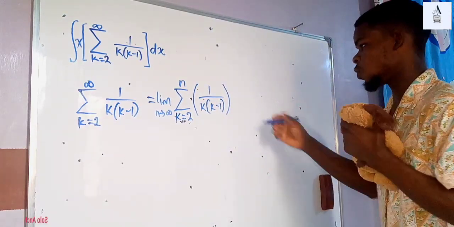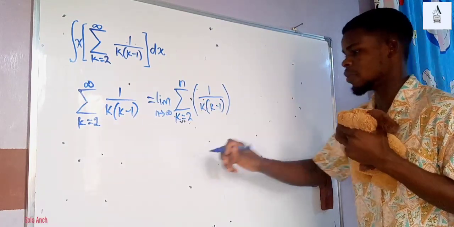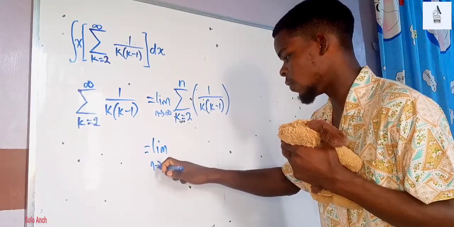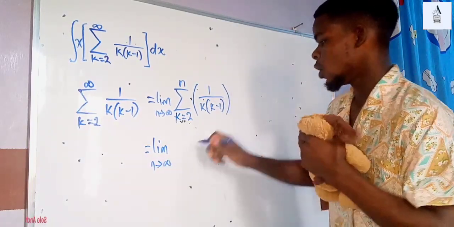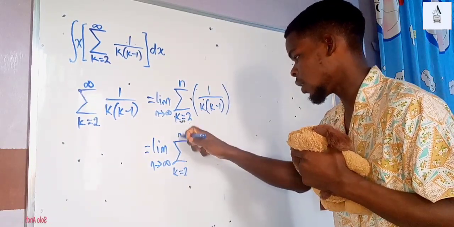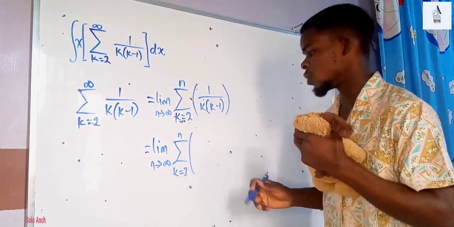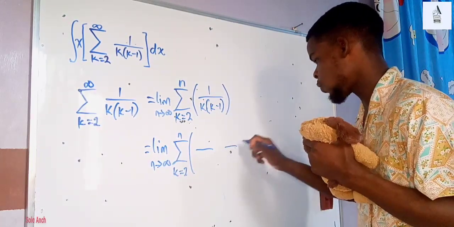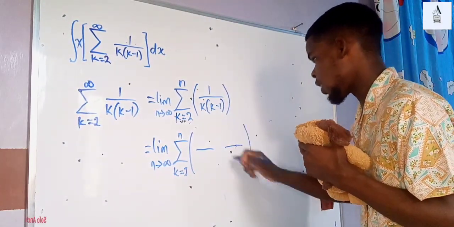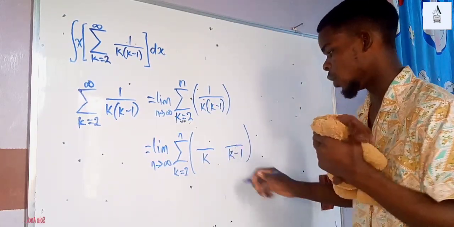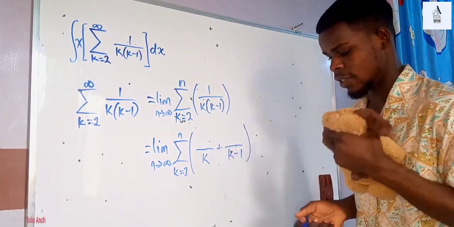So I'm going to equate this to the limit as n tends to infinity of the sum as k starts from 2 to n of. So we're going to resolve this to its partial fractions. And since we just have two factors right there, we're going to have two fractions. The first one will be over k, and then the second one will be over k minus 1. Maybe let's just put an addition sign here.